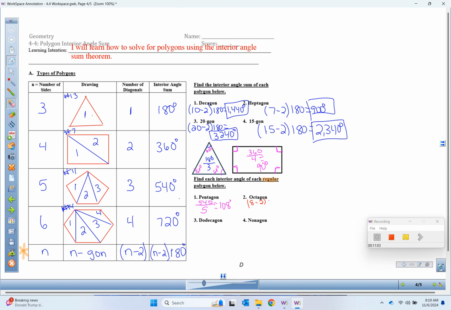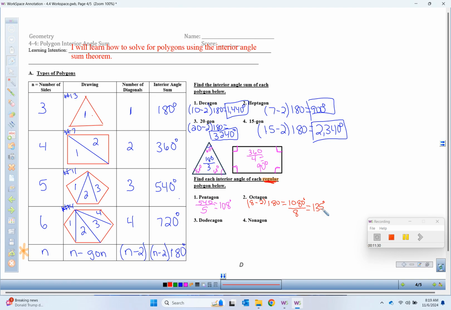Or I can just put the 180 after this. So 6 times 180. And we should get this number here. And then you just take that divided by the number of angles, and you should get 135 degrees. So if they are regular, if they are all the same, they will each be 135 degrees.